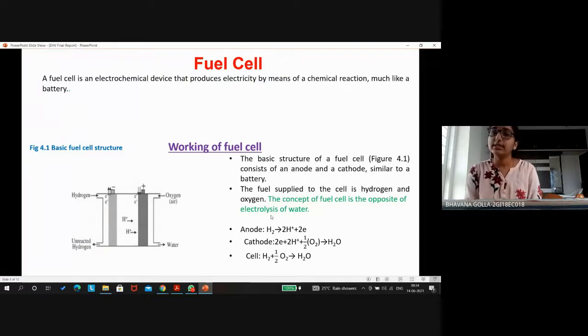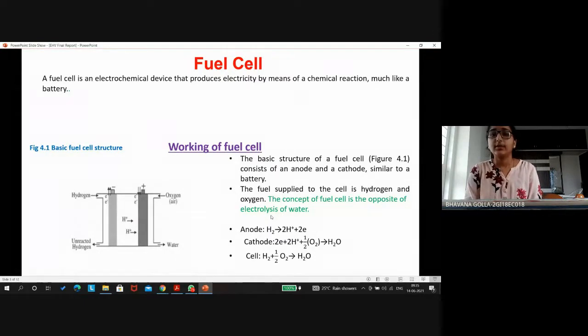In the sense that we get four constituents: two hydrogen ions, that is essentially two protons, as well as the shared electrons. Two electrons are generated at the anode.